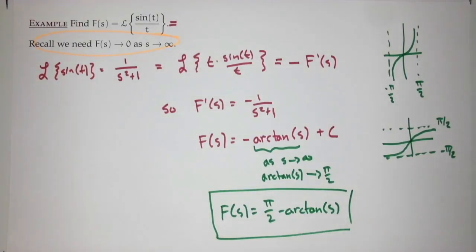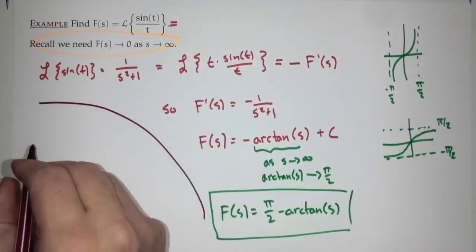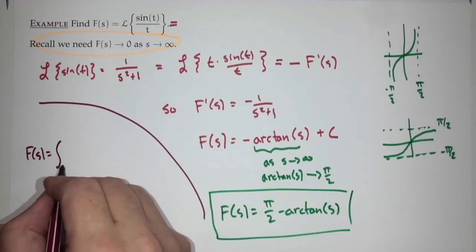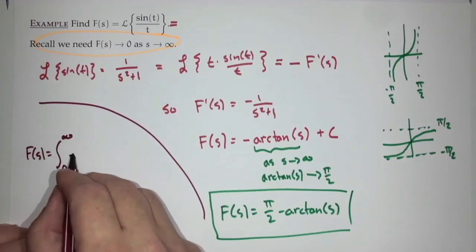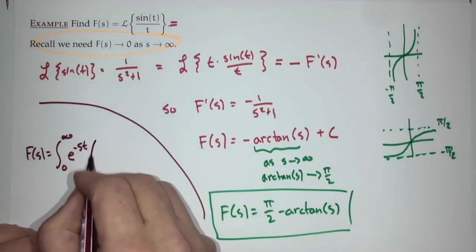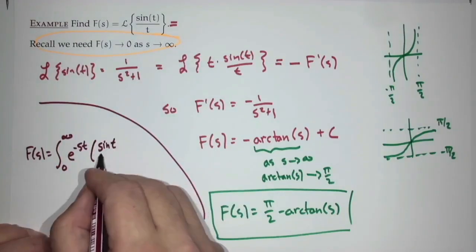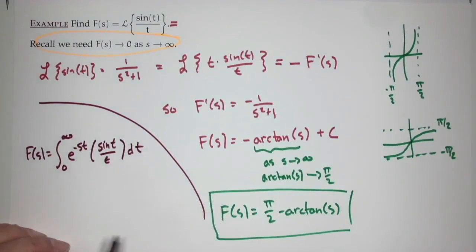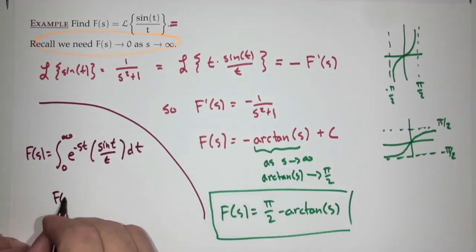Here we go. What is f of s? Well, it's the integral 0 to infinity of e to the minus st times the function sine of t over t dt. And we know what f of s is. We just computed it. What is f of 0?